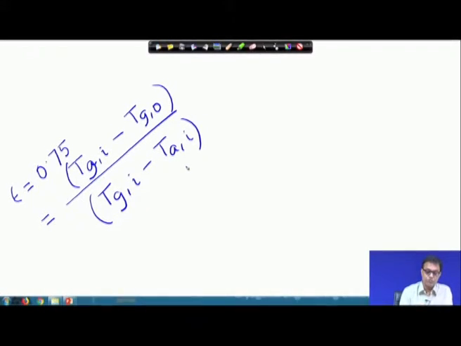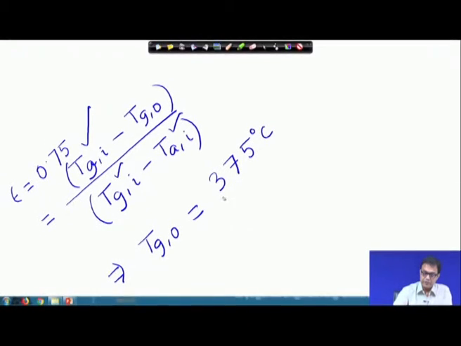The entry temperatures of the gas and the air are known, so from this relation we can calculate the gas exit temperature, which comes out to be 375 degree centigrade.